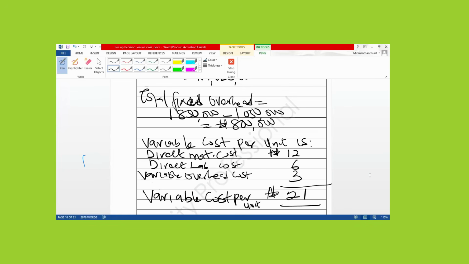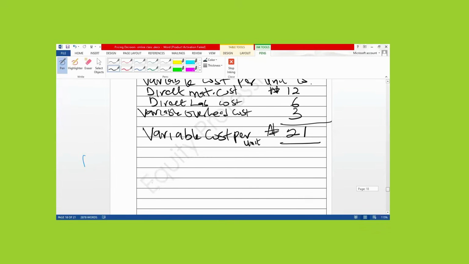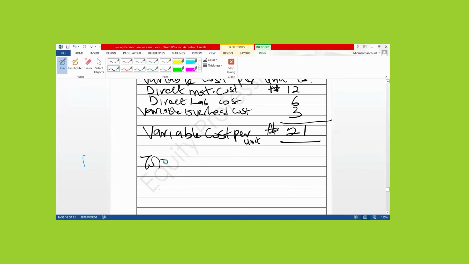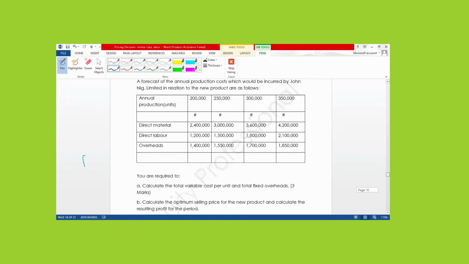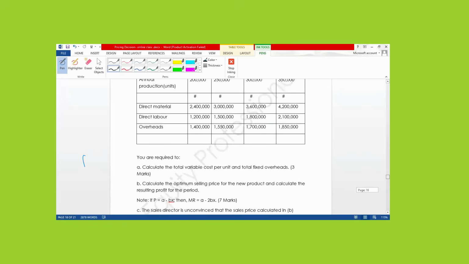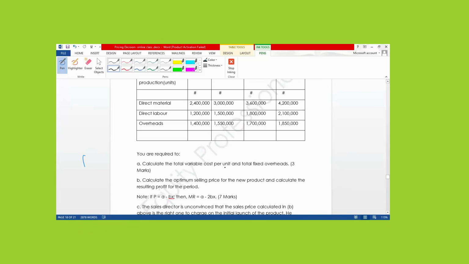Our total fixed overhead cost is 800,000. We have resolved requirement A: calculate the total variable cost per unit and total fixed overhead.